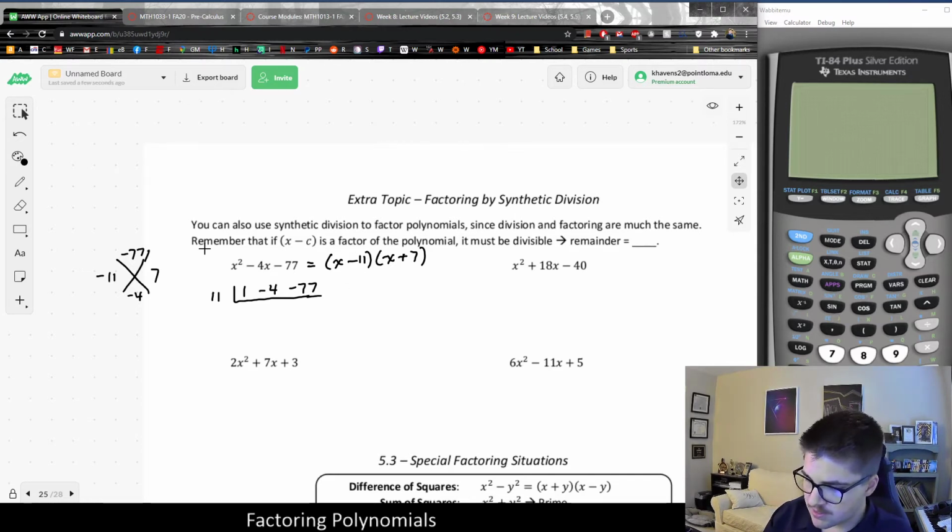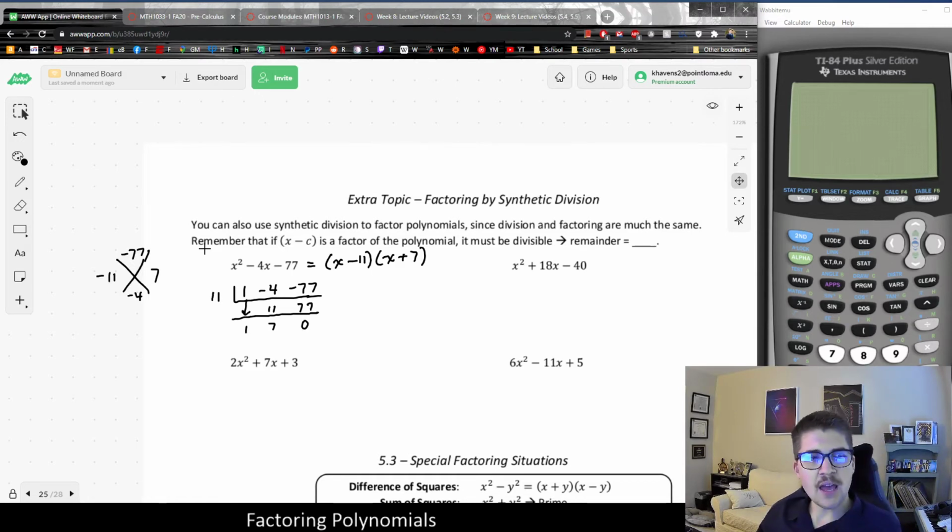I could check to see if x minus 11 is a factor via synthetic division. So it's an elaboration on guess and check, but you could always use synthetic division to see if a polynomial is divisible. And notice whenever I get a remainder of 0, what that tells me is that x minus 11 was a factor of the polynomial, but also x plus 7 is a factor as well.